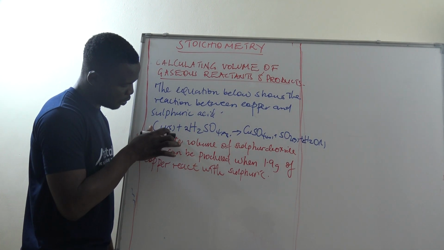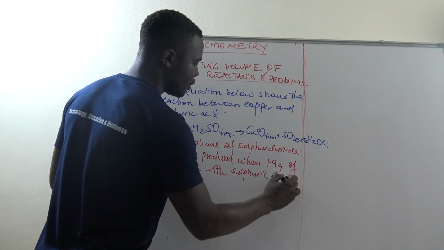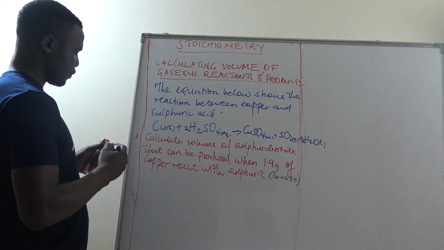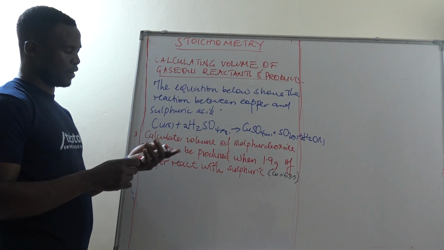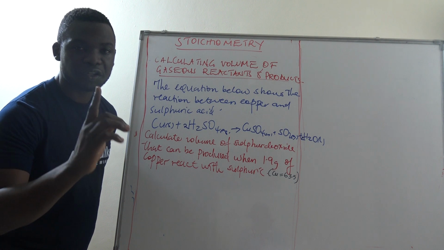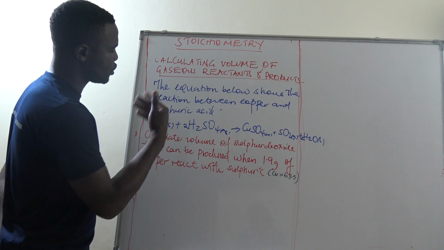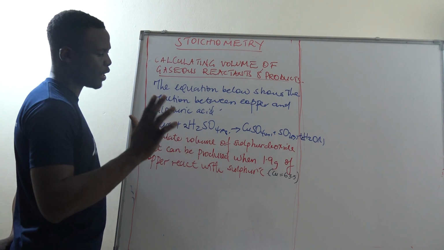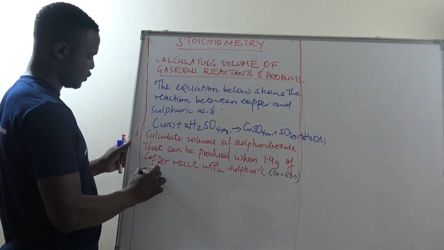We know that 1 mole of copper weighs 63.5, and 1 mole of sulfur dioxide occupies 22.4 liters at STP. Although the question has not mentioned STP, we shall take it that we are calculating these volumes at STP.